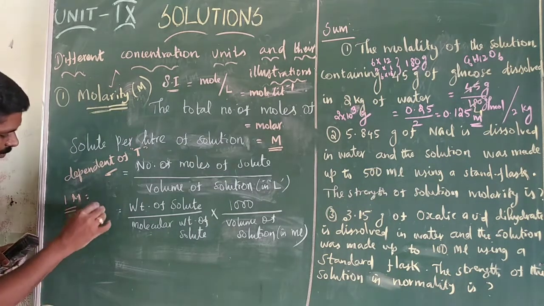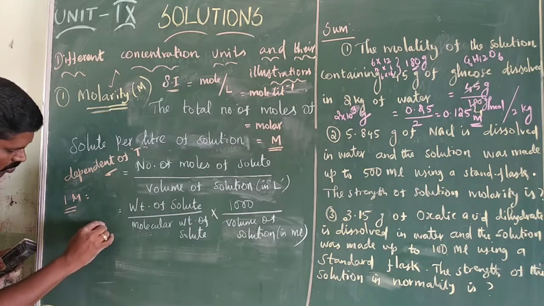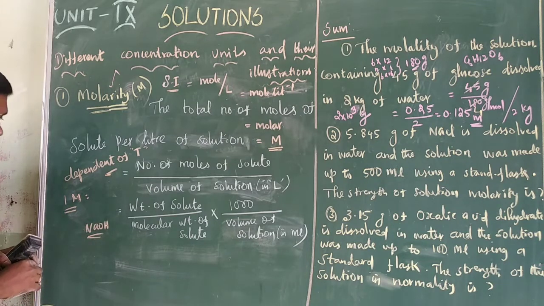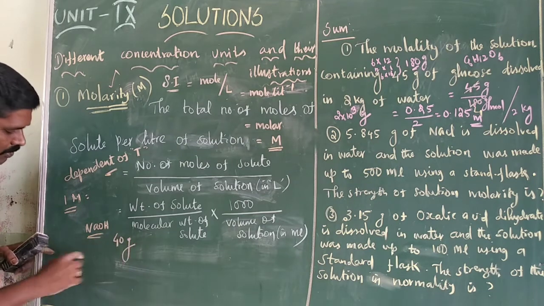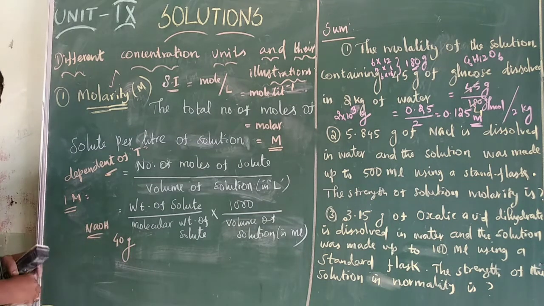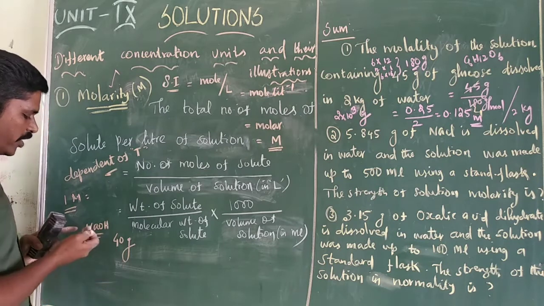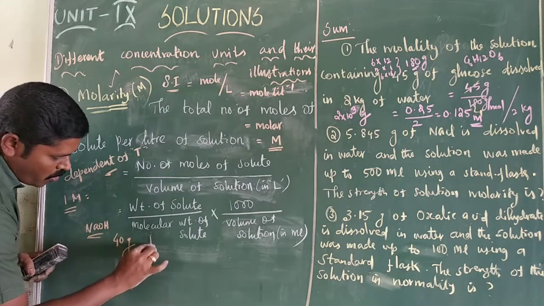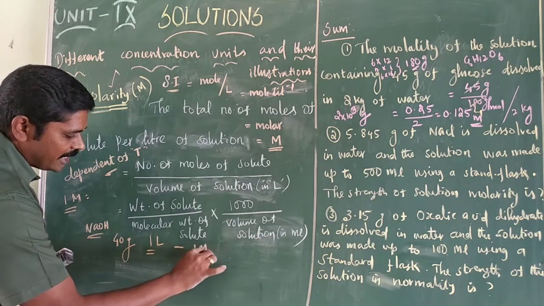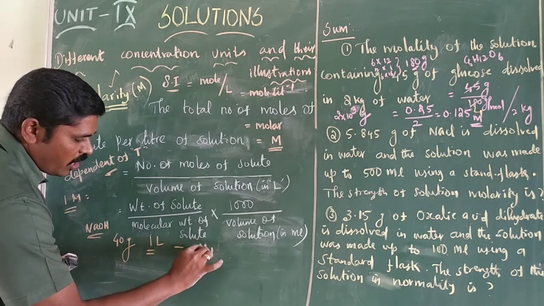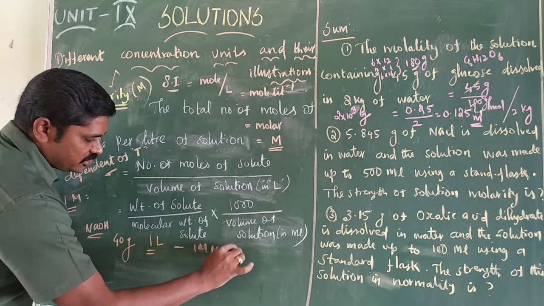So sodium hydroxide, NaOH. The molecular mass of sodium hydroxide is 40 gram: 23, 16, 1. The 40 gram of sodium hydroxide dissolved in 1 liter solution is equal to 1 molarity of NaOH.